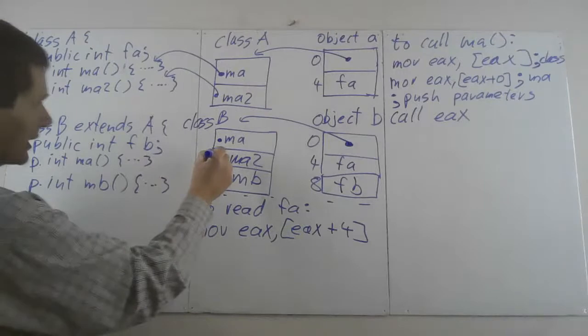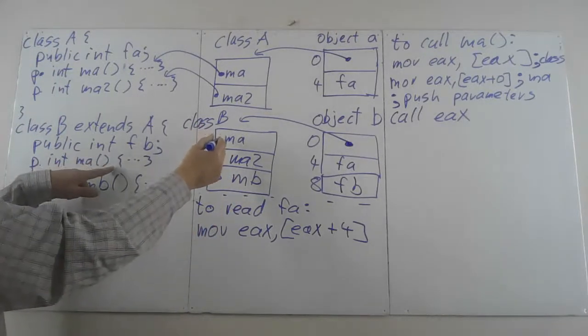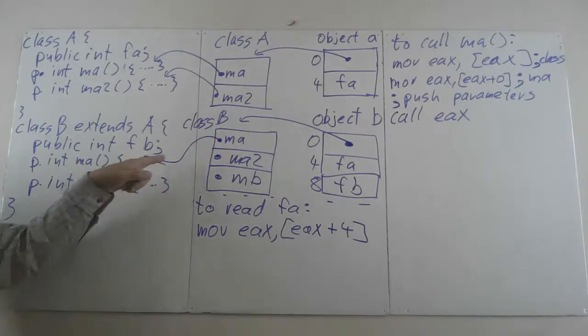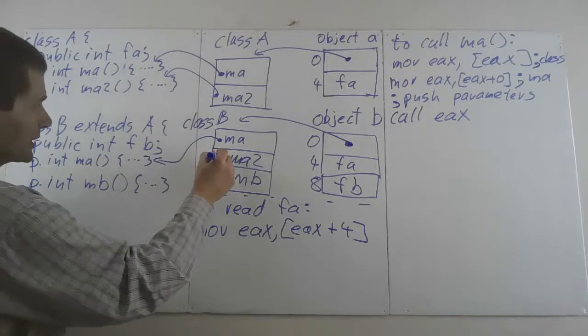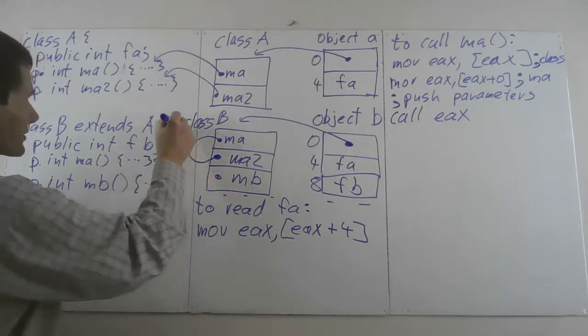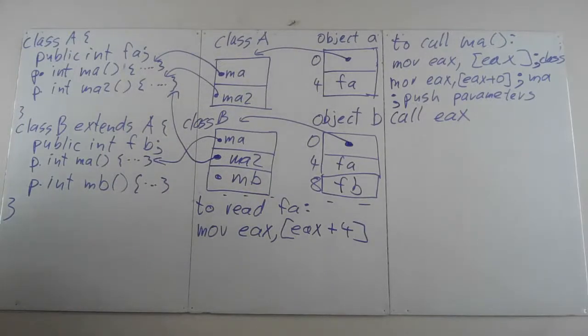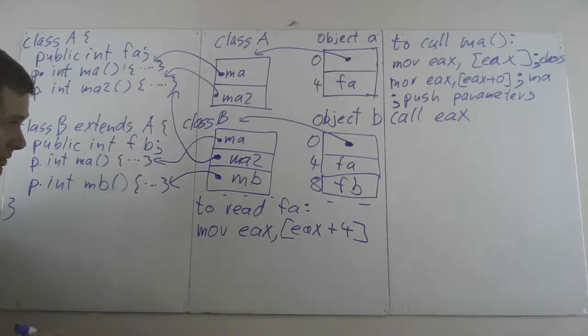Now where should these point? Class B has a different implementation of MA, so I'll point that pointer to this implementation, this overridden version of MA. But class B doesn't override method MA2, so its pointer here can just point to the same place as the MA2 pointer of the superclass. And then finally, MB goes to the implementation of MB.